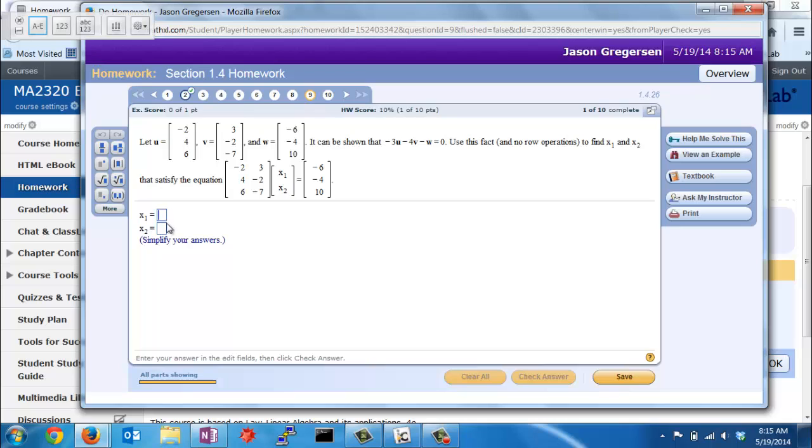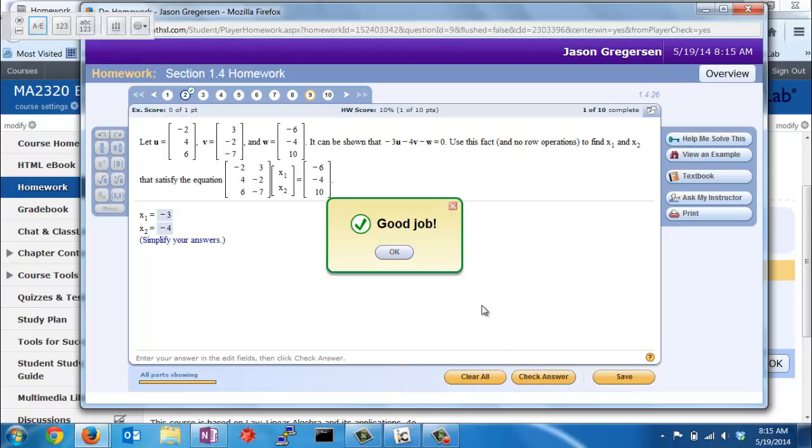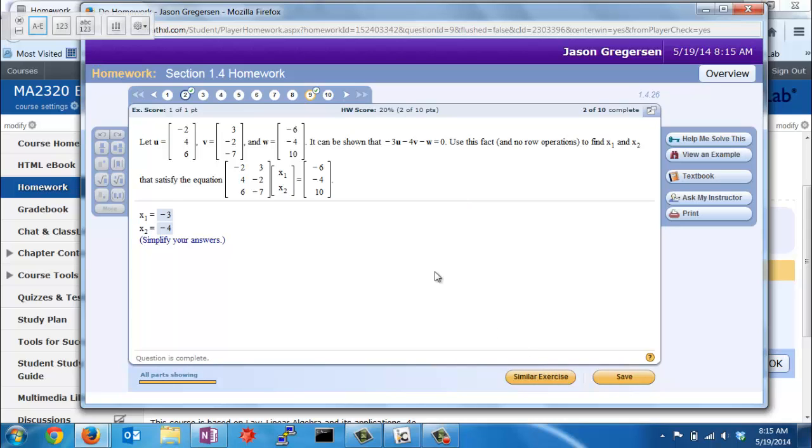Negative 3, negative 4. Does that make sense? It's really just seeing the relationship between the matrix equation and the vector equation. Okay. Other questions? Any other questions from the quiz or from the homeworks in the section?